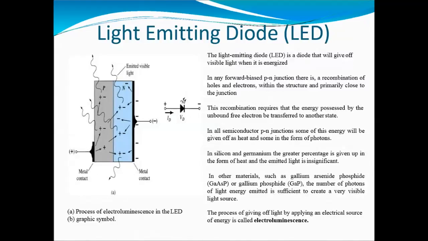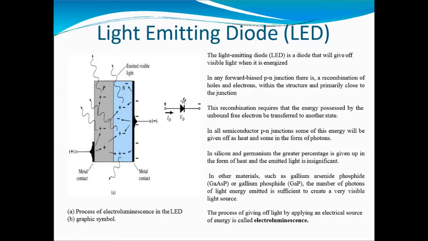Light emitting diode, LED. The light emitting diode is a diode that will give off visible light when it is energized. LED and Zener diode are called special purpose diodes. In any forward biased PN junction, there is a recombination of holes and electrons within the structure and frequently close to the junction.